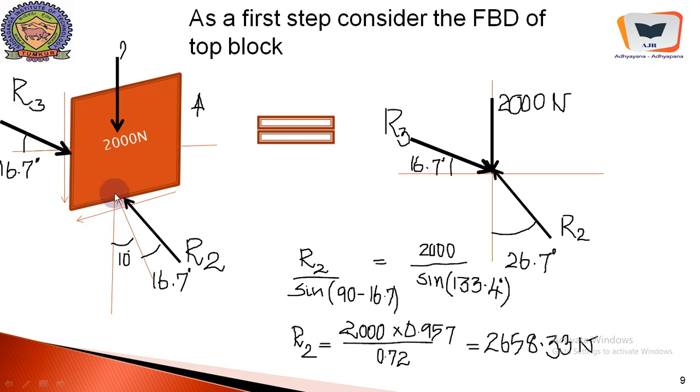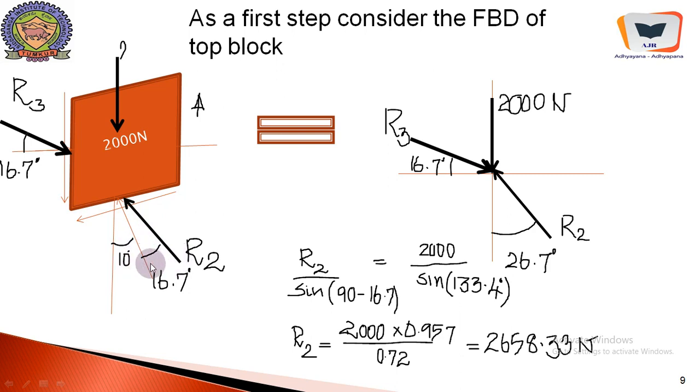And here again this is the normal reaction to this inclined surface, and this is the frictional force. This is opposite to the frictional force that is developed on the wedge, because the wedge is moving inwards. Therefore the wedge will experience a frictional force outwards, and the resultant of this friction force and the normal reaction happens to be R2.